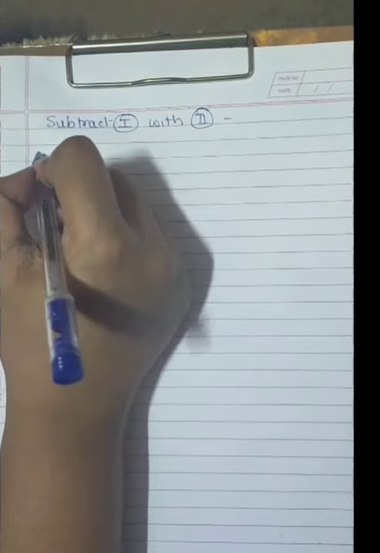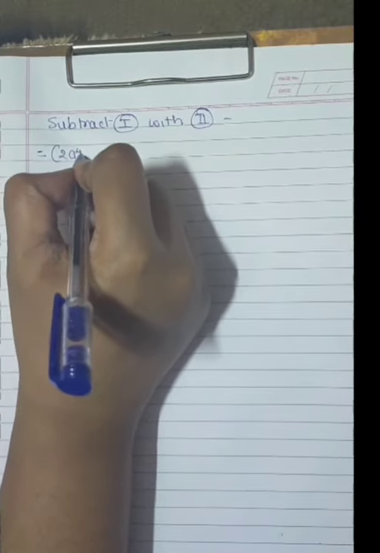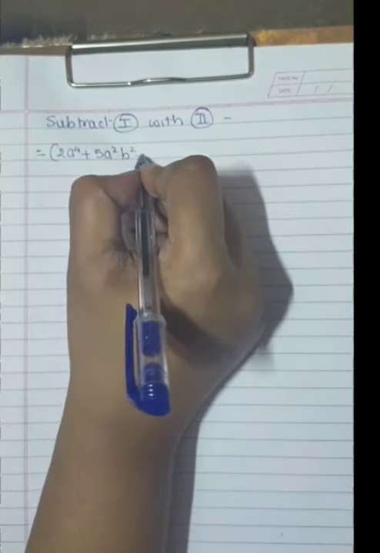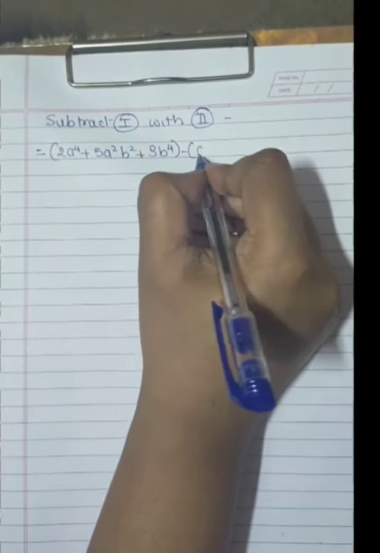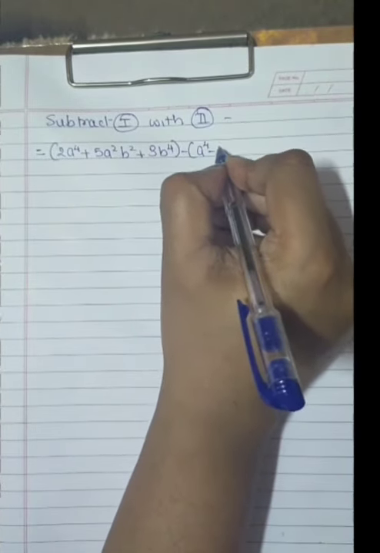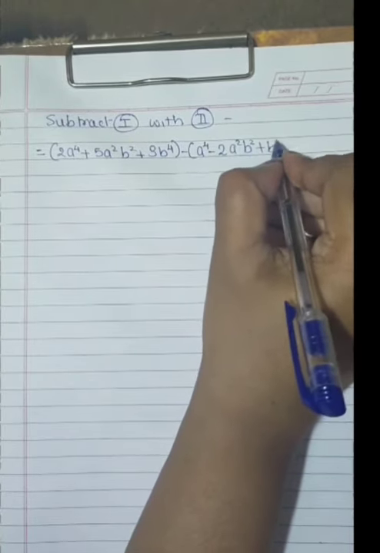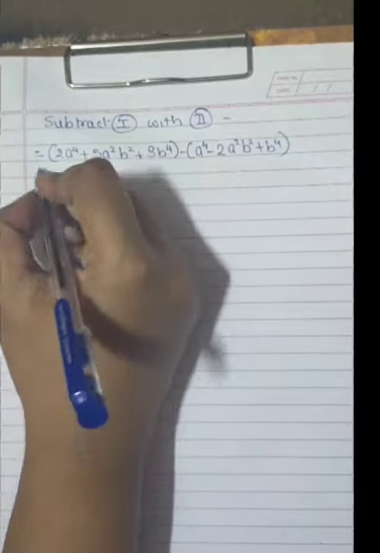So here I am writing 2a to the power 4 plus 5a square b square plus 3b to the power 4 minus a to the power 4 minus 2a square b square plus b to the power 4. Now we have to subtract the first equation with the second. So now I am doing that.